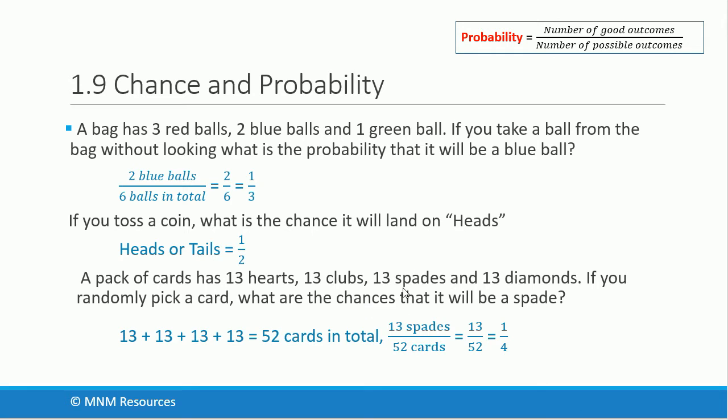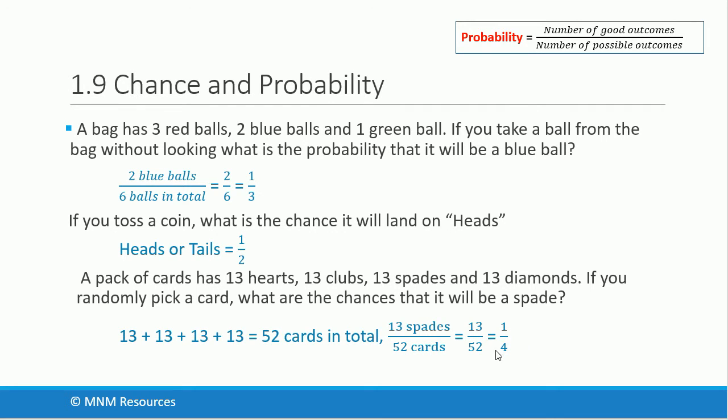Since there are 13 spades, there are 13 chances of it being a spade. So your probability is 13 by 52. This can be further simplified: 13 divided by 13 is 1, and 52 divided by 13 is 4. So you have 1/4 probability of picking a spade.